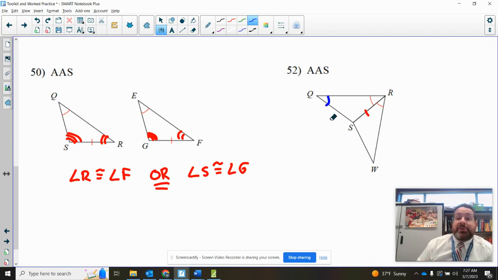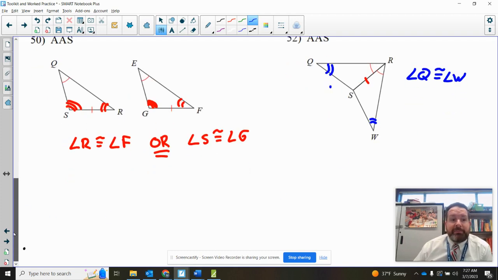It's got to be angle Q in the top so that I can go AAS. 2 marks on that. Down here, same idea. I need to be able to go AAS. That has to be angle W. So angle Q is congruent to angle W is what we're after for that one.